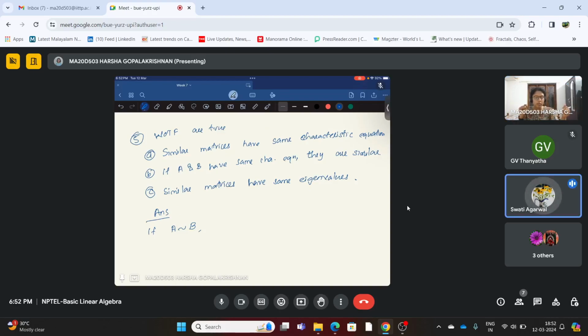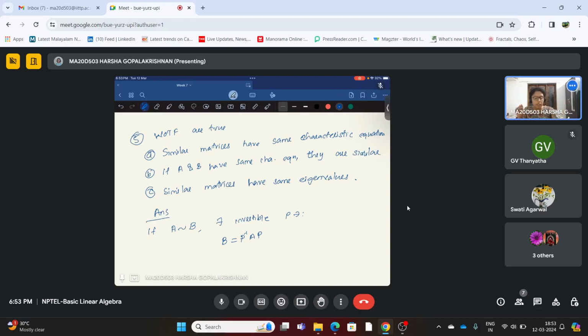They have the same eigenvalues. No, by definition, A is similar to B means there exists an invertible P such that B equals P inverse AP. In any way we can write A equal to P inverse BP, as I told in the beginning; it is just a matter of taking the inverse.